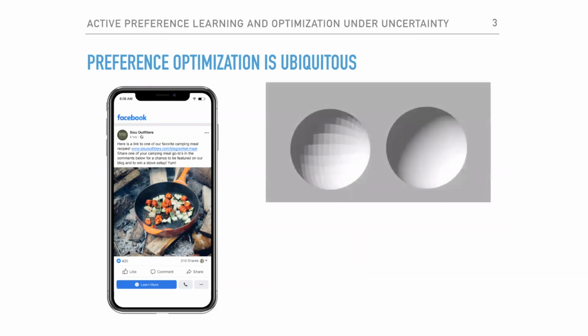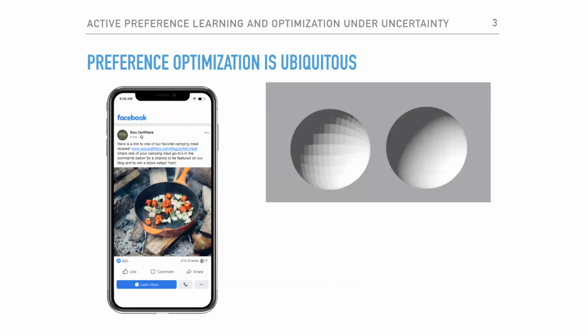A completely different example is if you're a 3D animator and you're working with a client and you are tasked with creating a very expensive 3D rendering of an object, and you have some parameters to tune, such as the smoothness or the coloring of the object. So you have to find the best combination for those parameters to meet your client's expectation.